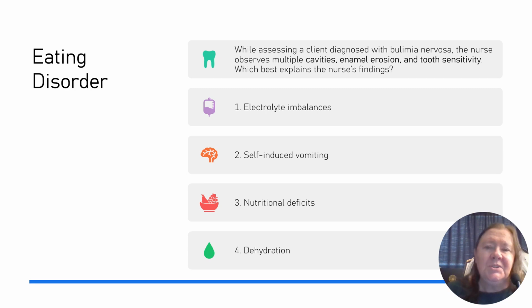Okay, we're back. So again, we're talking about bulimia. This is the person who is binging and purging. They're binging on large amounts of food, and then they're causing themselves to vomit the food back up. So number 2 is the correct answer. Self-induced vomiting best explains the nurse's findings.